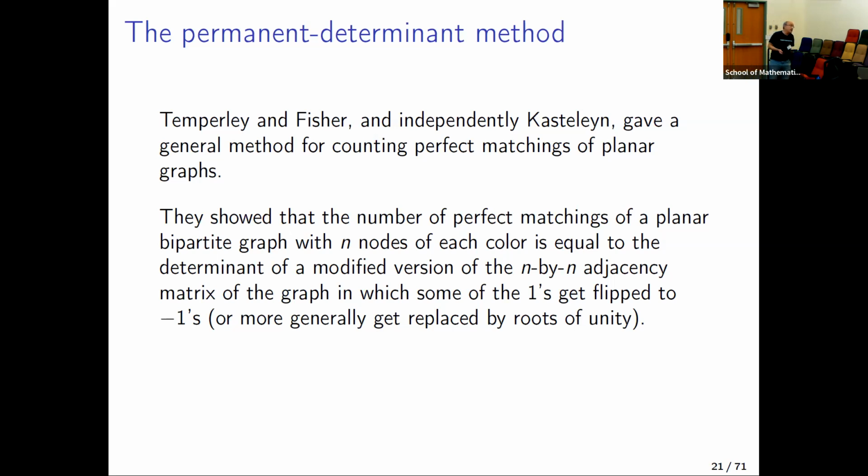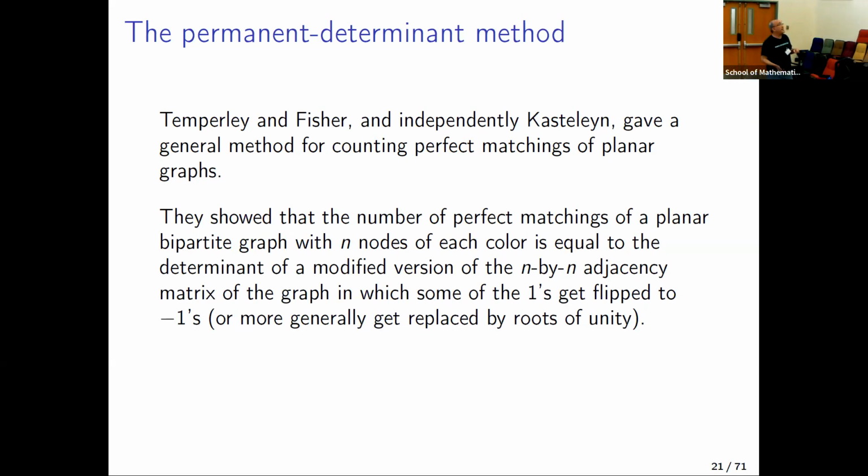Temperley and Fisher, and independently Kasteleyn in the early 60s, gave a general method for counting perfect matchings of planar graphs. Specifically, they showed that if you take the adjacency matrix of the graph, its permanent is going to be the square of the number of perfect matchings of the graph, but computing permanents is hard, so that's not really useful.